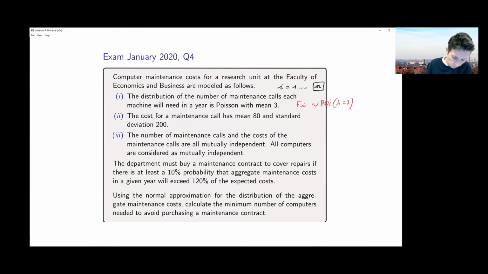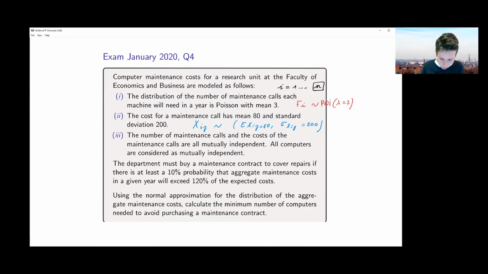And then I know something about the cost for a maintenance call. I'm going to denote that with, say, Xij, where i is the machine and j is the jth call that I have to make on this machine. And this follows a certain distribution with a certain mean, I'll say 80, and a certain standard deviation, say 200. There's no additional information; we only know something about the mean and the standard deviation.